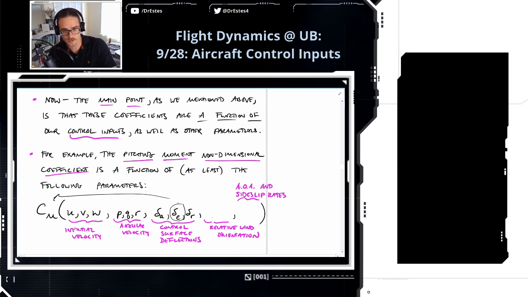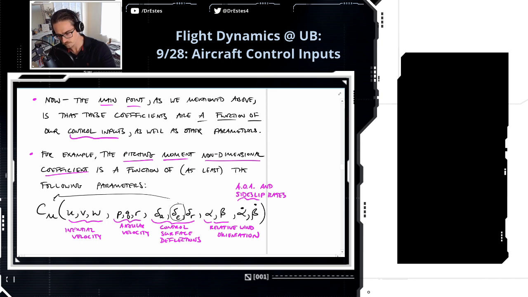All right, it's also going to be a function of the relative wind orientation, which we now know we quantify with the angle of attack and the sideslip. And it'll also be important as the aircraft rotates, how the orientation changes as a function of time.